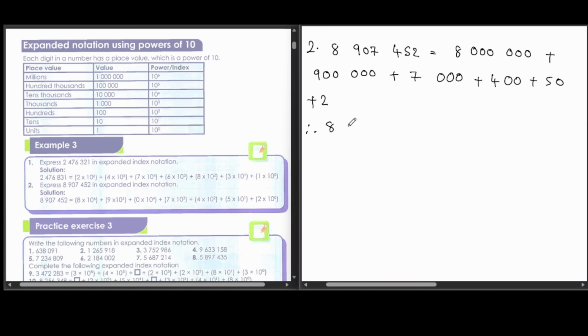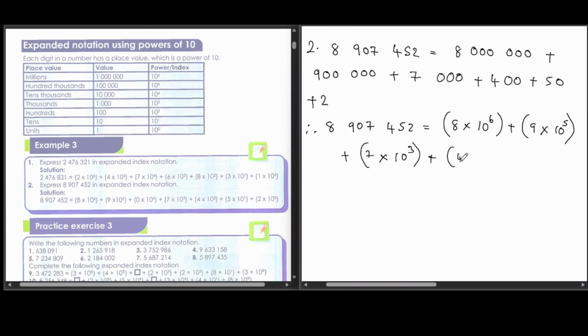Therefore 8,907,452 is equal to (8 times 10 to the power 6), which means million, remember. So 8 million means 8 times 10 to the power 6, plus 9 times 10 to the power 5, plus 7 times 10 to the power 3, plus 4 times 10 to the power 2, plus 5 times 10 to the power 1, and lastly plus 2 times 10 to the power 0.